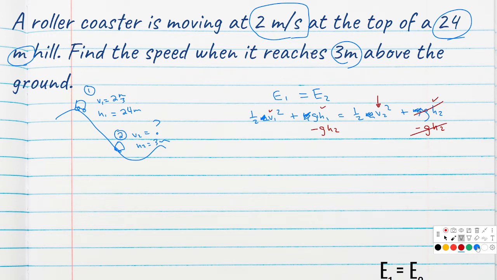Let's see where that leaves us. I've got 1/2 V1 squared plus gh1 minus gh2. Make sure you get this guy and that guy on the left, and then I've got 1/2 V2 squared on the right. Now I'm still not done. You can see right here that I need to get rid of that 1/2.